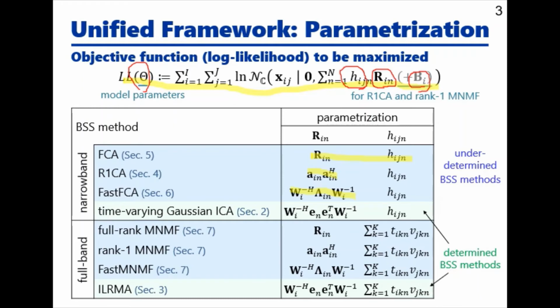As for time-varying Gaussian ICA, although this may not be obvious, R is parameterized like this. I will show this in the next slide. Once this is shown, it is clear that the full-bound methods correspond to the parameterization shown here, with H parameterized by using NMF.